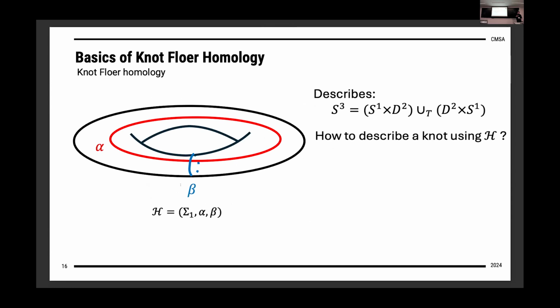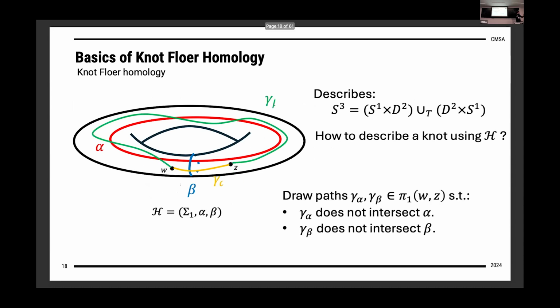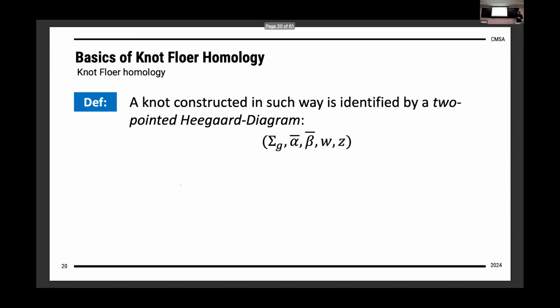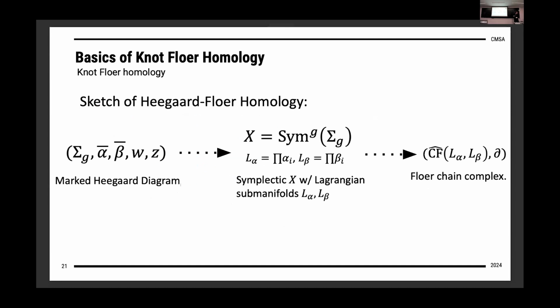This is useful because you can construct a knot in a very simple way by picking two special points on your genus g surface, and then taking two curves such that one of them does not intersect your alpha curves and the other does not intersect your beta curves. Once you merge these and then push these curves into their respective handlebodies, you're going to get a knot. And this allows you to define a Floer homology associated with this, by noting that your genus g surface is going to be a Riemannian manifold admitting some sort of almost complex structure.